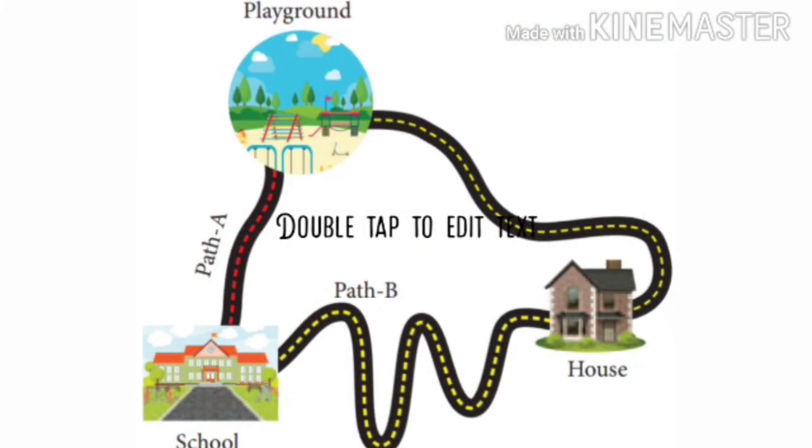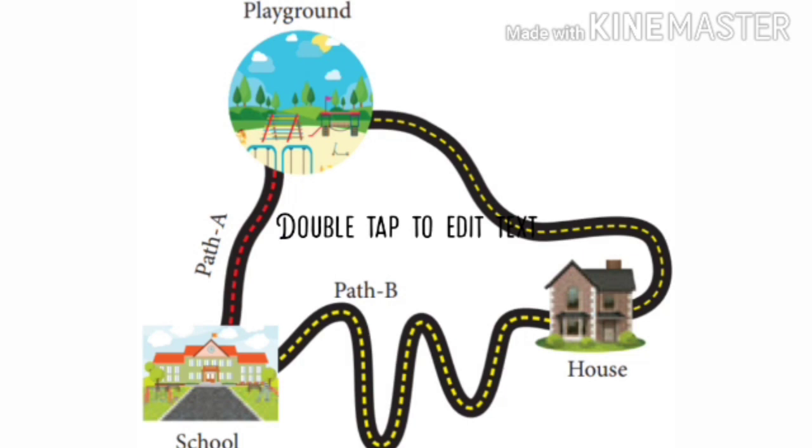Look at this picture. In this picture, path A shows the distance between school and playground, and path B shows the distance between school and house. If you like to go to the playground to play, you have two paths.